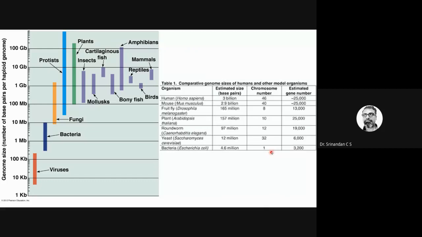There could be one or two depending on the bacteria, but the number of genes is very small. The number of genes in viruses, when you see, is less than even 100 genes. There could be 3, 4, 10, 20. It all depends on different viruses. So the number of genes will be less.